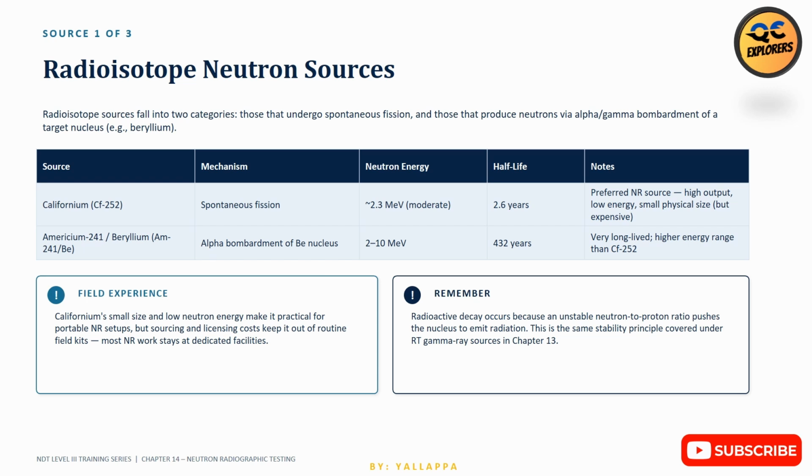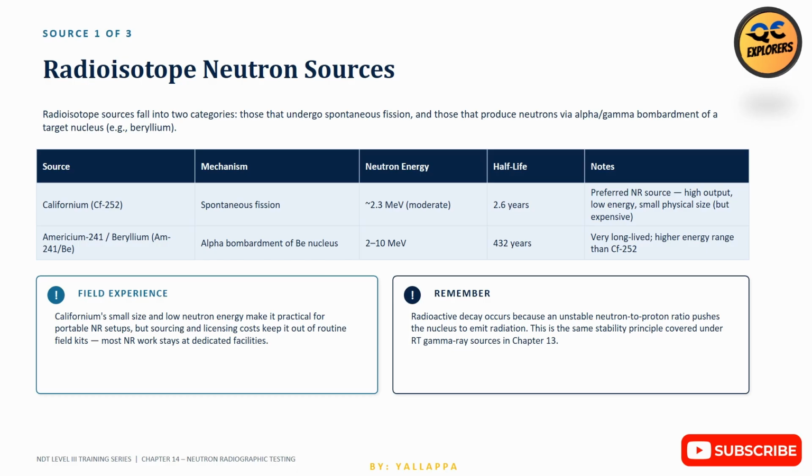So remember, CF-252 produces neutrons through spontaneous fission. AM-241/Be produces neutrons through alpha bombardment of beryllium. Understanding that distinction will help you answer several common certification questions.